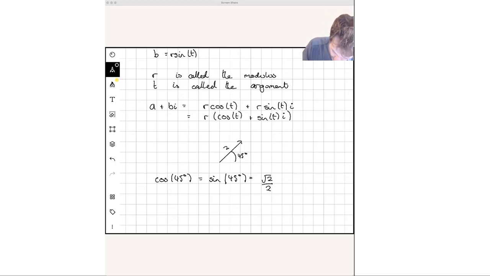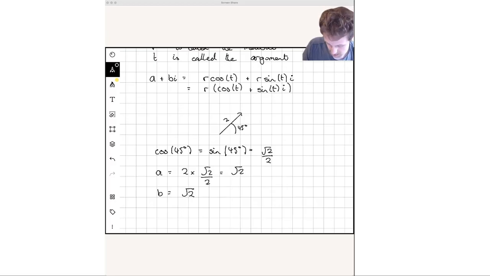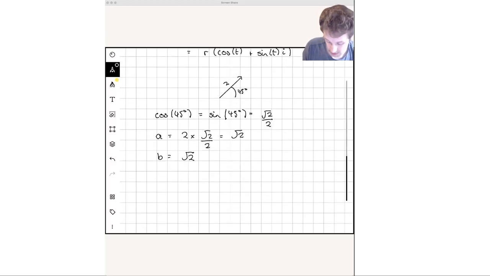So that means that a is 2 times the square root of 2 over 2, just the square root of 2, and b, we get exactly the same thing. So we see that this number represented by the modulus 2 and the argument 45 degrees is actually nothing more than the square root of 2 plus the square root of 2 times i.